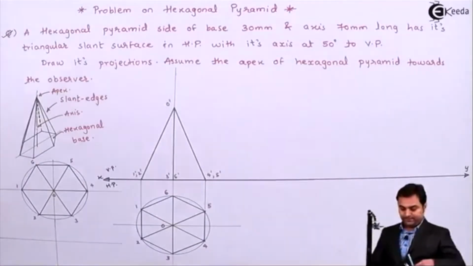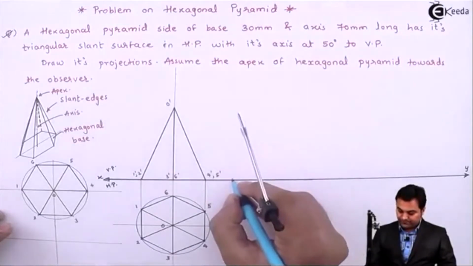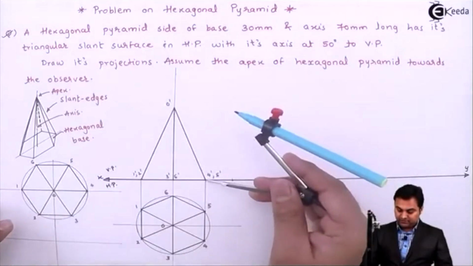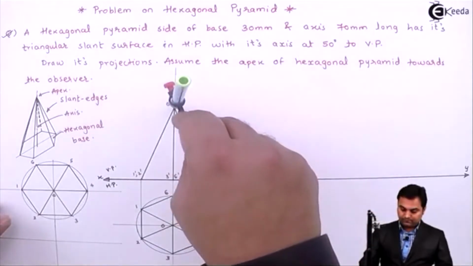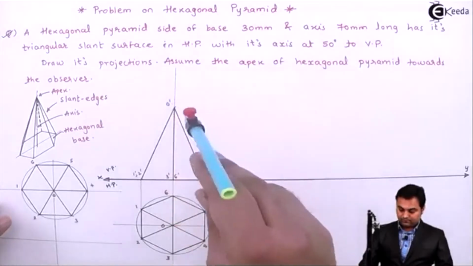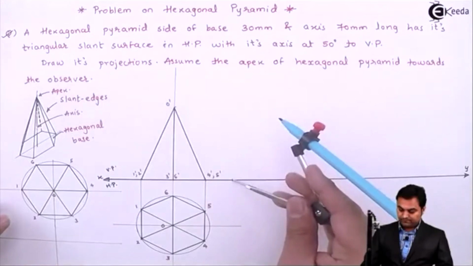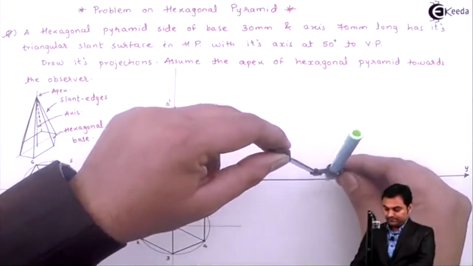So for that, I'll select a point here. Then measuring the distance of the slant edge, after that, keeping the point here and cutting the XY line.